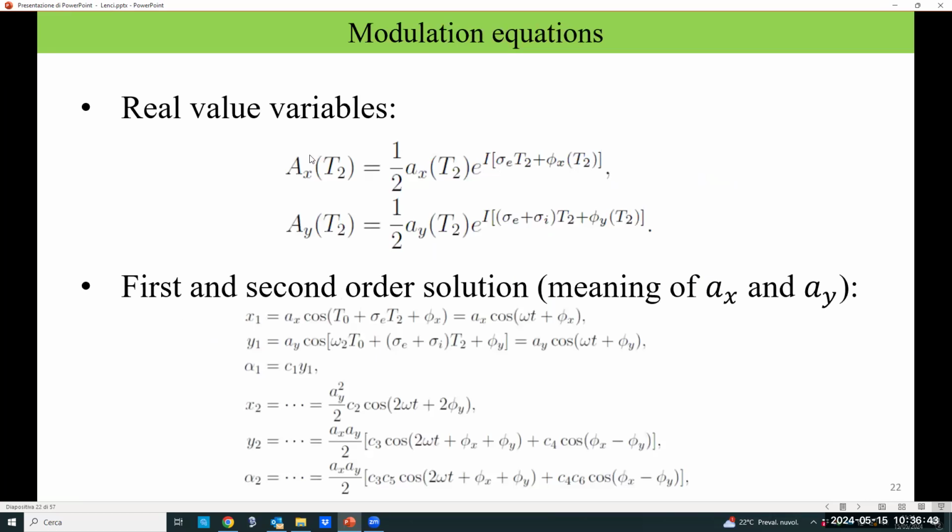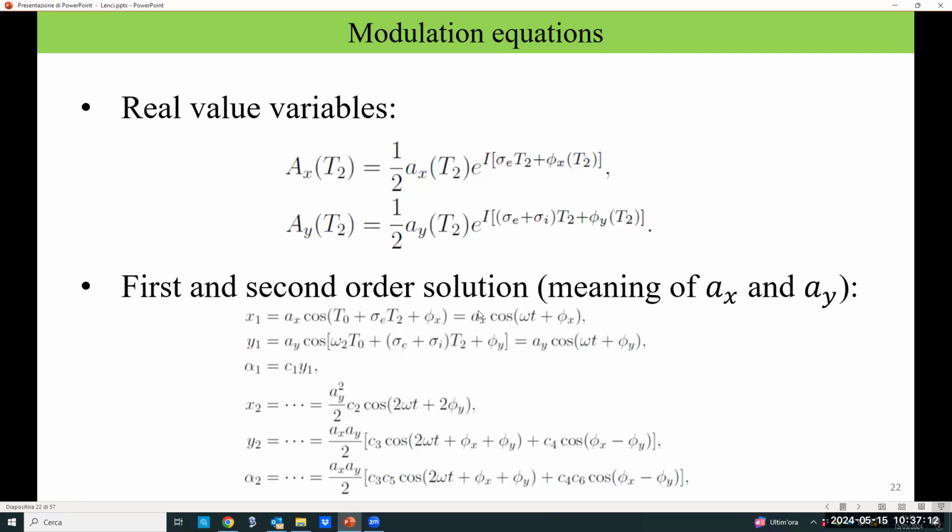Following the standard machinery of the multiple time scale method, you introduce the real amplitudes, because these are complex. So you introduce the lowercase ax, which is the real amplitude of the oscillation along the wind, and ay crosswind, and you write the first order and the second order solution in terms of these ax and ay.